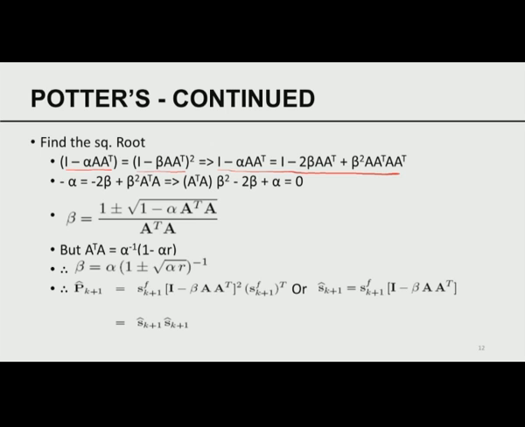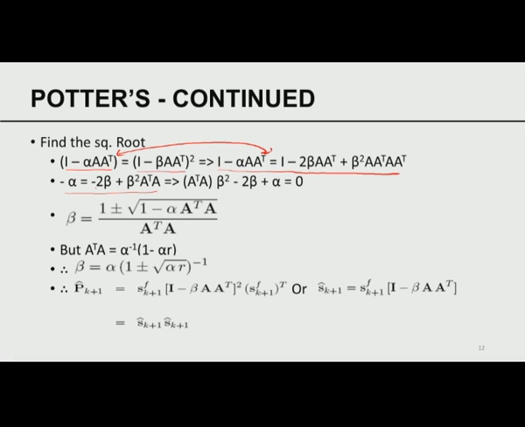By equating these two, I can express beta in terms of alpha, and that gives rise to the relation that alpha and beta must be related like this. In other words, I am going to equate both sides, the corresponding terms.